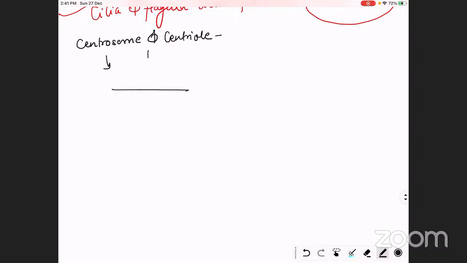Two centrioles arranged perpendicular to each other and surrounded by a pericentriolar material.